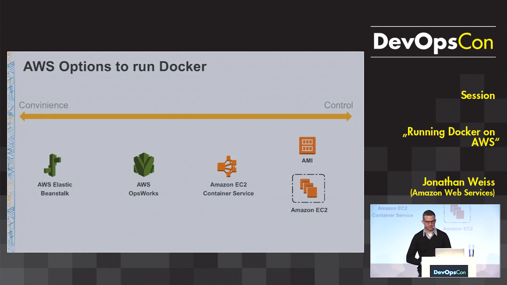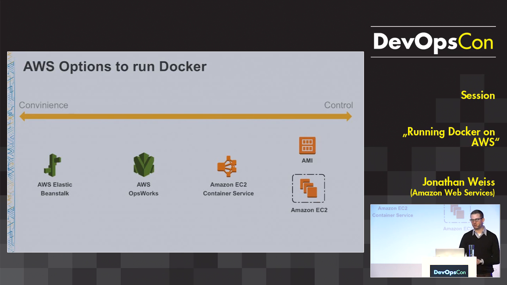Probably the most interesting thing if you're considering Docker is the service called ECS, the Amazon EC2 Container Service, which I will introduce in a minute. It gives you a much more streamlined Docker experience by taking care of managing the Docker daemon, and by introducing a concept of task definitions that you can use as deployments, and so on.